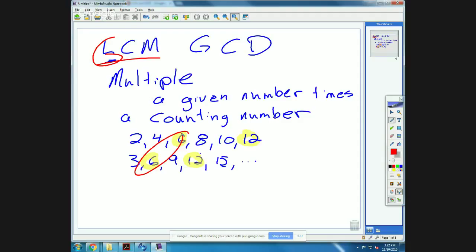Divisor is kind of the other end of the spectrum. If a multiple comes from multiplying, it's the after effect of multiplying. Divisor is what happened before, or with division.